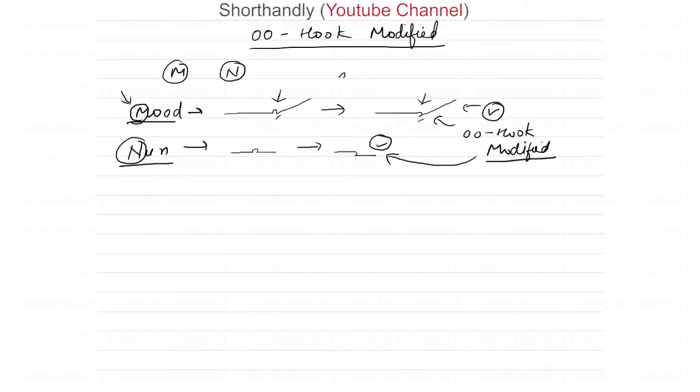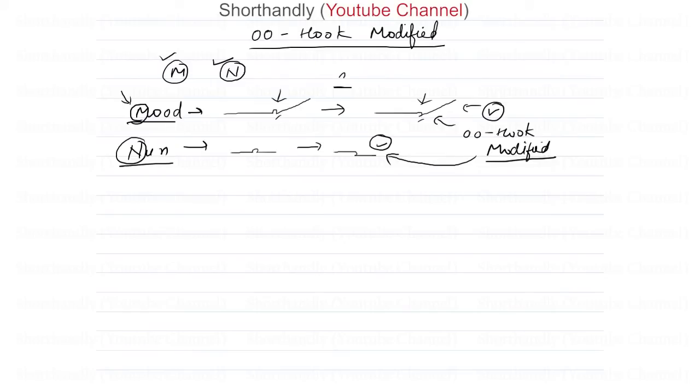So you have to keep this in your mind that whenever we have this M or N and we have to use this U-hook after these M and N, we're going to be using the U-hook modified.